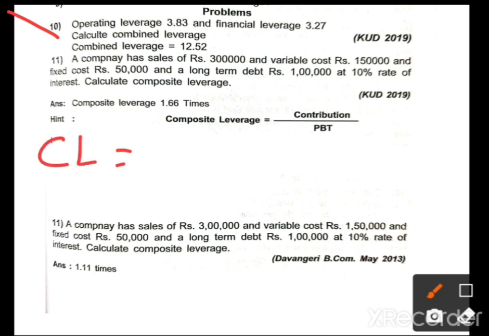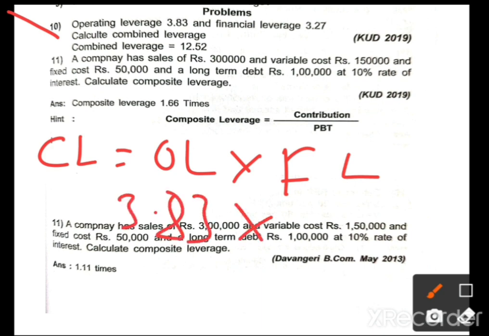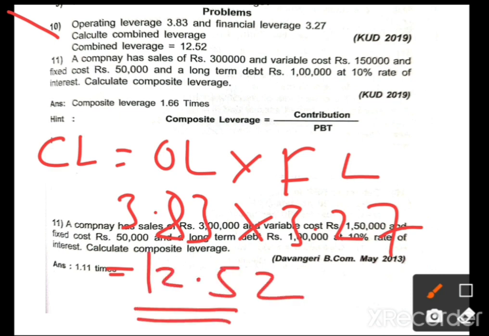Combined leverage is equal to operating leverage into financial leverage. Operating leverage 3.83 into financial leverage 3.27, the final answer will be 12.52.